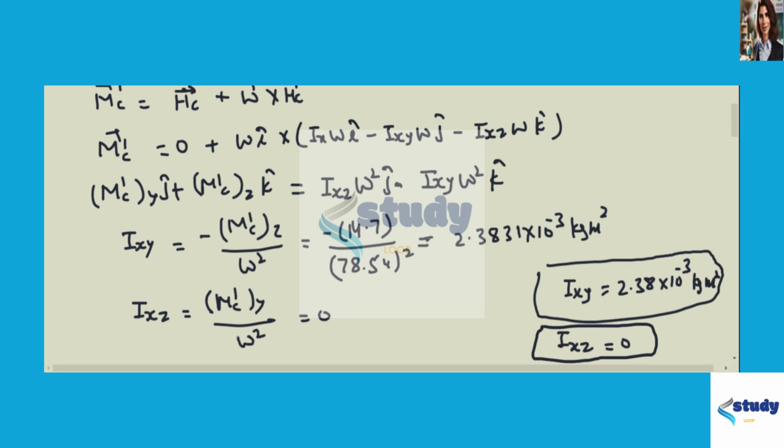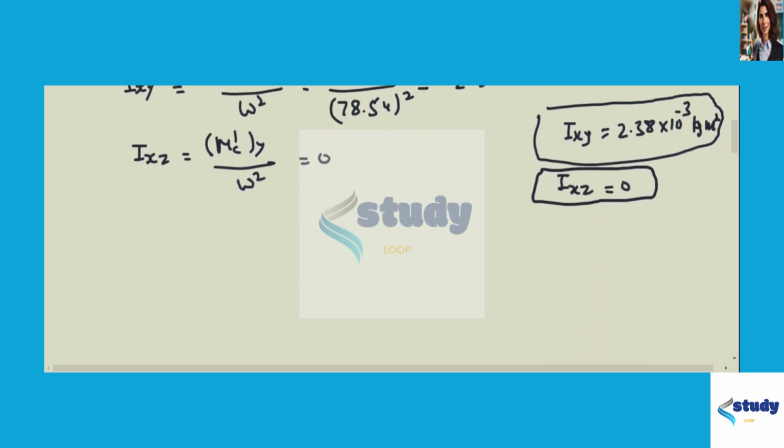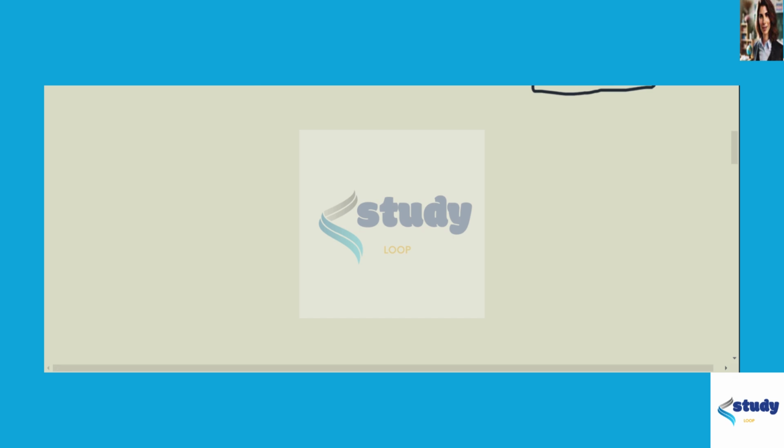Now we have to solve part B, the positions for the balancing masses.